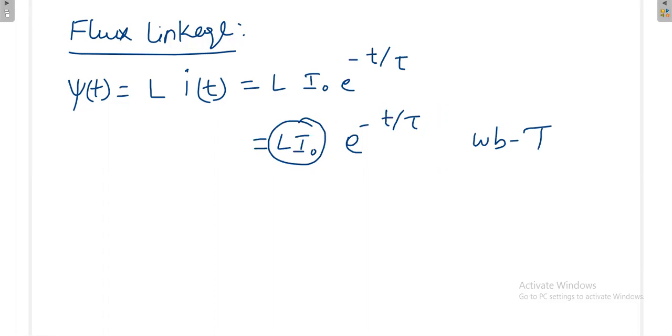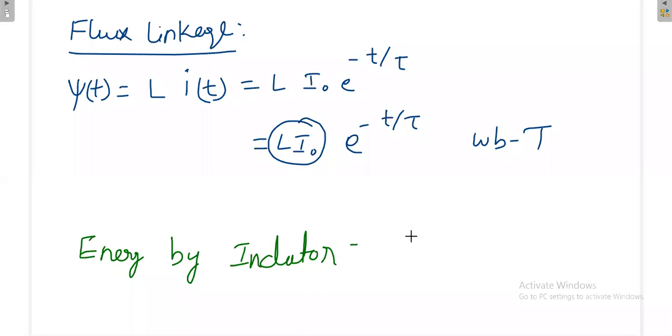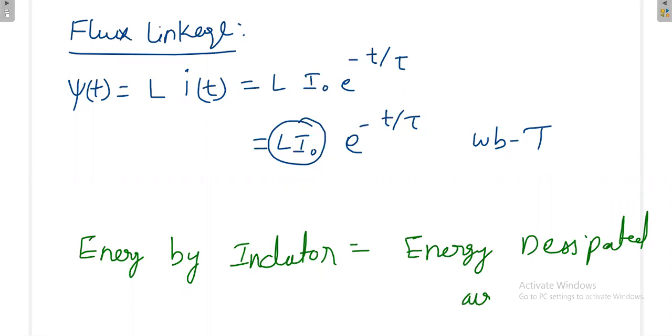Then you do one thing finally: try to prove that the total energy given by the inductor is the same as the energy dissipated across the resistance.